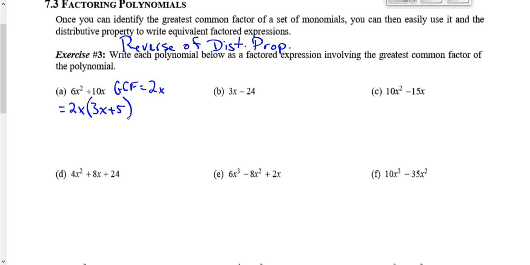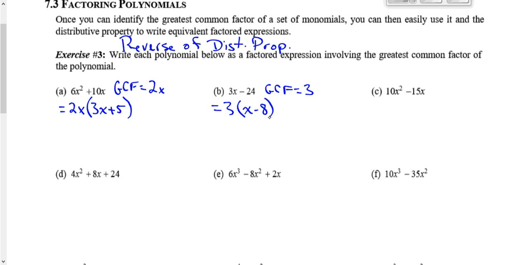I'll work one more with you. 3x minus 24. What is the GCF of both of those? 3. Just 3, right? Can I get an x out of either one of them? Oh, one of them I can, but I can't get it out of both of them, right? So it would just be 3. So equals 3 times what's left in the parentheses. x minus 8.